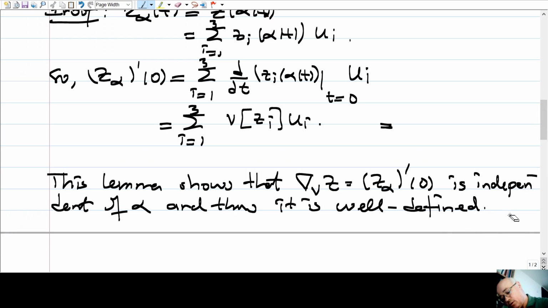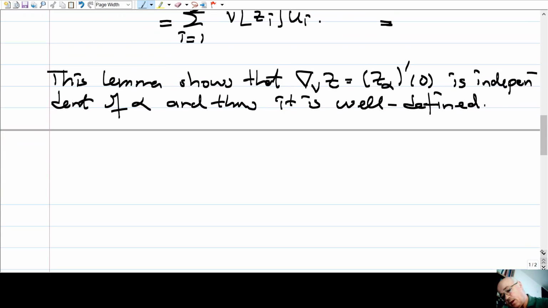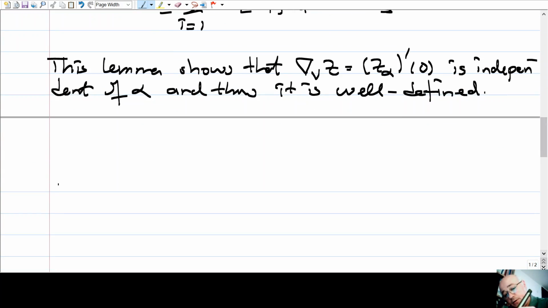Oops, I don't need this. All right, now here we have another definition. We will define what's an orientable surface.